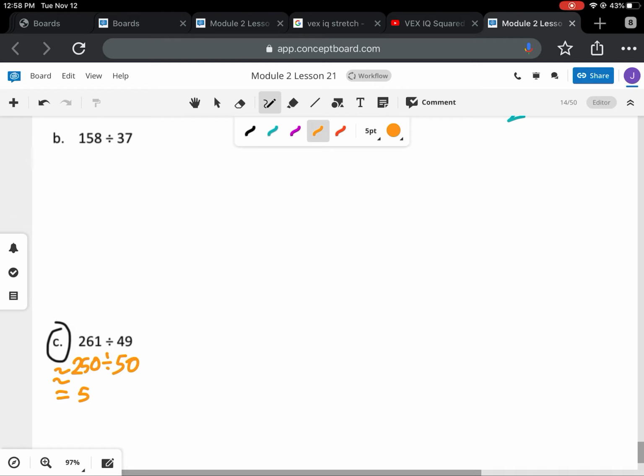I'm going to use that 5 to multiply times the 49. Nine times 5 is 45, then 4 times 5 is 20, and then plus the 4 is 24. And that is close to the 261.